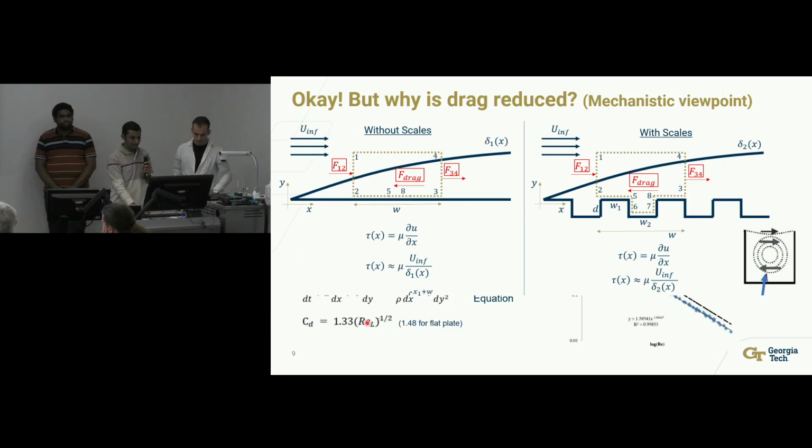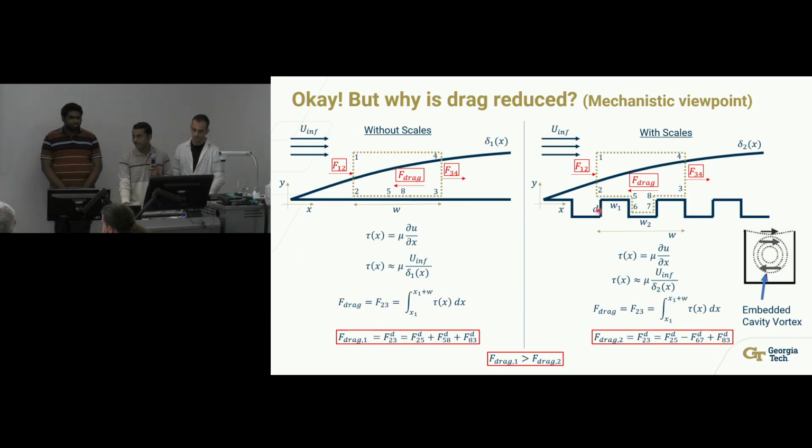Okay. Where does D over delta come from? D is the thickness of the scale, and delta is the overall boundary layer thickness. So in our drag, we will have the stress component, and the stress component is a function of delta, the boundary layer thickness.